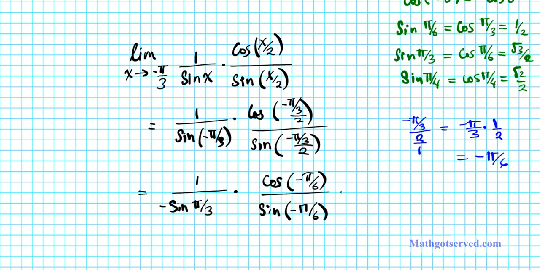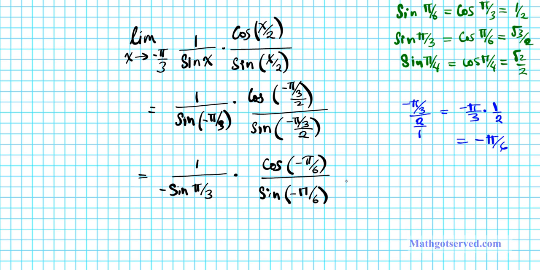Let's go ahead and resolve the signs one step at a time. Sine of pi over 3 is root 3 over 2, so we can apply that right now. We have 1 over root 3 over 2 times cosine of negative pi over 6, which is the same thing as cosine of pi over 6. And sine of negative pi over 6 is the same thing as negative sine of pi over 6. Sine of pi over 6 is 1/2, and cosine of pi over 6 is root 3 over 2.